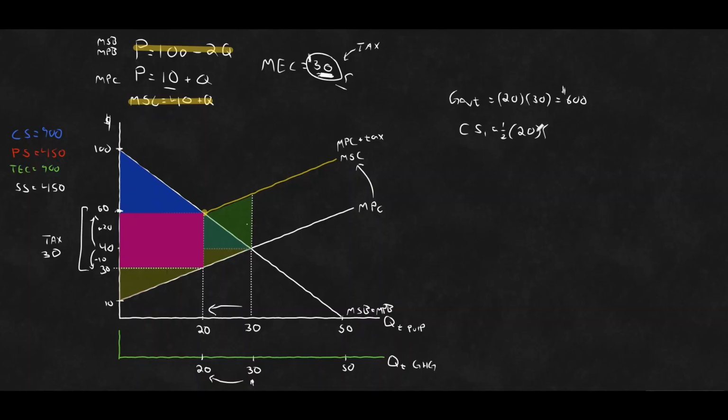So that is a height of 40. So altogether, consumers are getting a surplus of $400. Ooh, versus that 900 they used to get. Consumers are not happy with this. They have lost substantially.